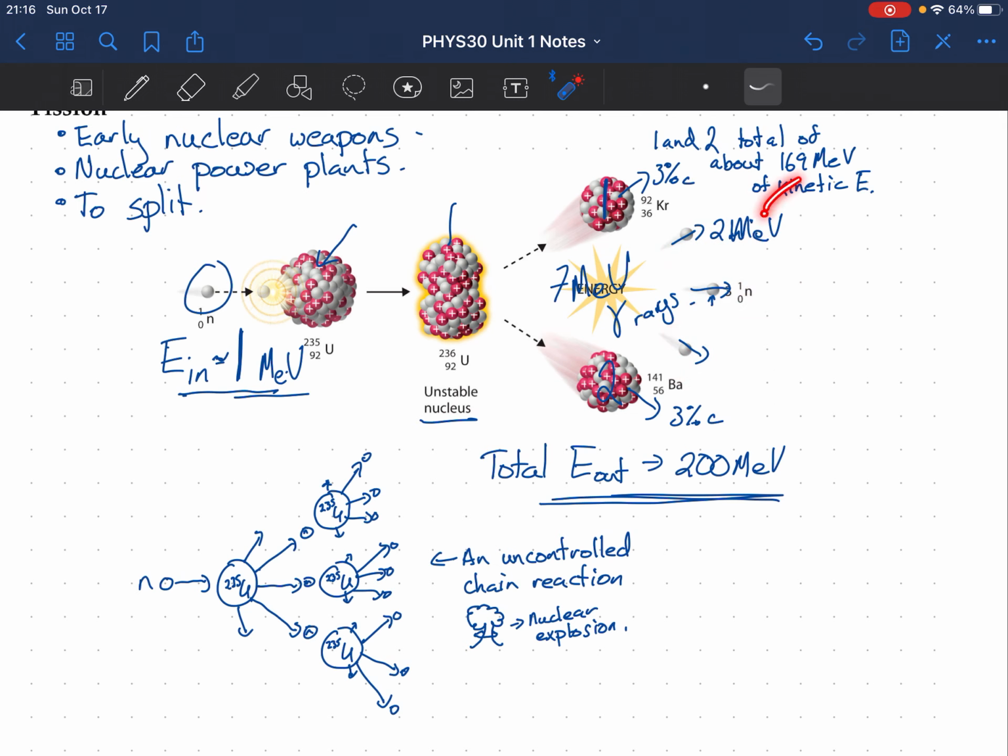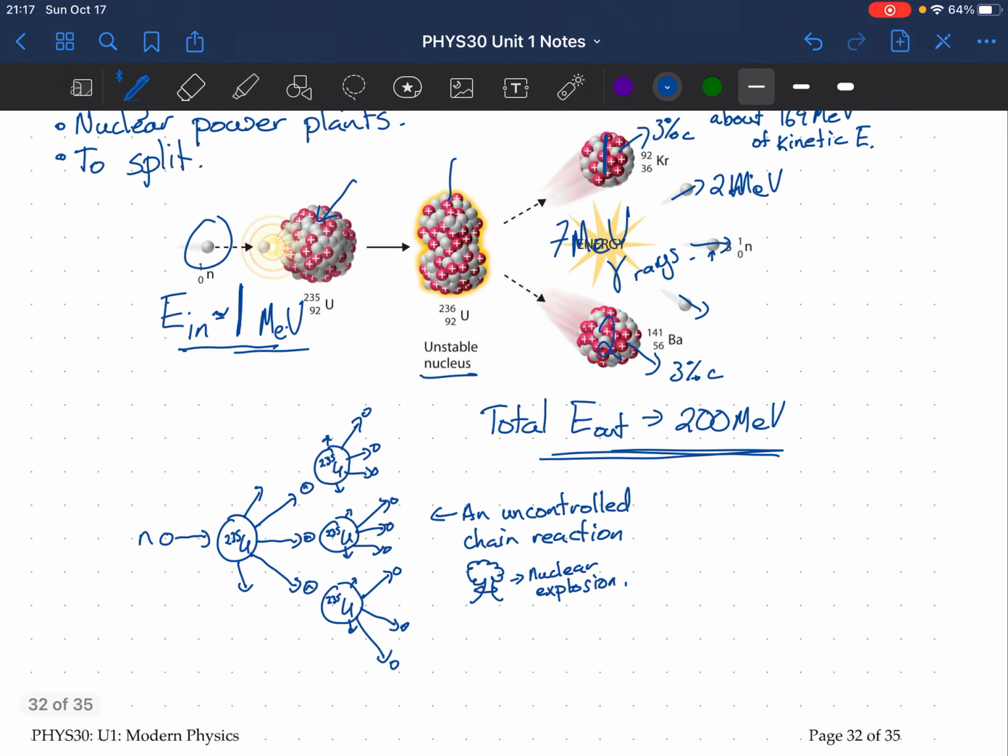If these 3 neutrons go on to hit other atoms of uranium-235, you are going to get an uncontrolled chain reaction, which is a boom. You don't want a boom. Well, sometimes you do, but in a nuclear power plant, you need to control the neutron emission.